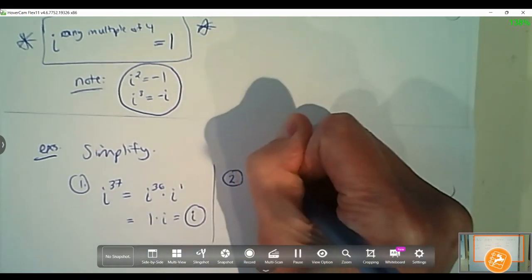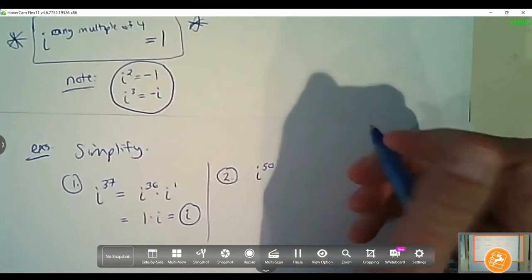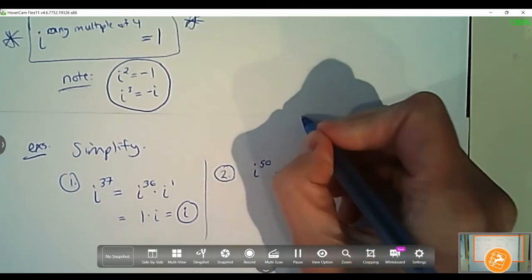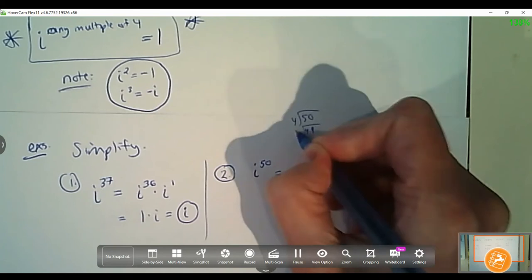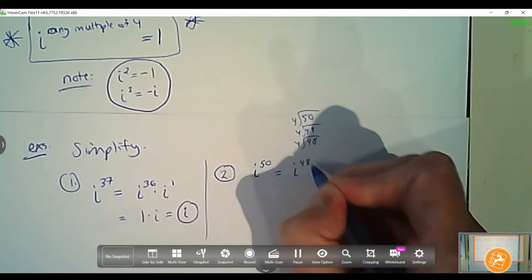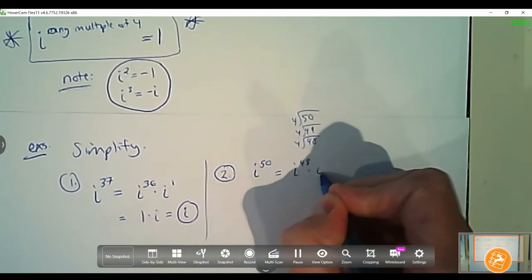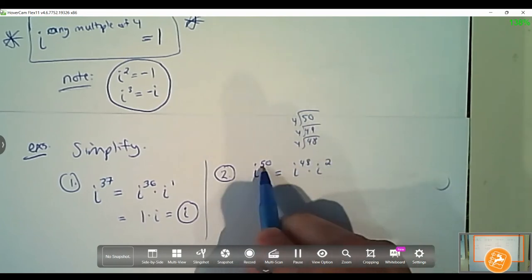So for example 2, let's say you want i to the 50th. You don't have to write out all the powers of i up to 50. You just have to find a multiple of 4 that's pretty close to 50. So 50 is not a multiple of 4 because it doesn't divide evenly. 49, of course, is not because it's odd. But 48 is divisible by 4. So I'm going to rewrite i to the 50th as i to the 48th times i to the second, because if I multiply those together, I'd be adding the exponents.